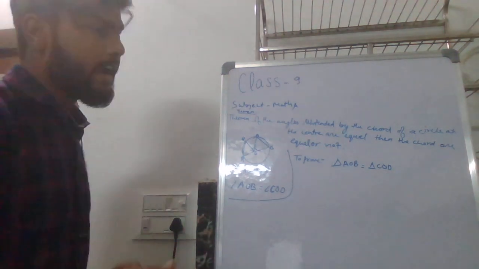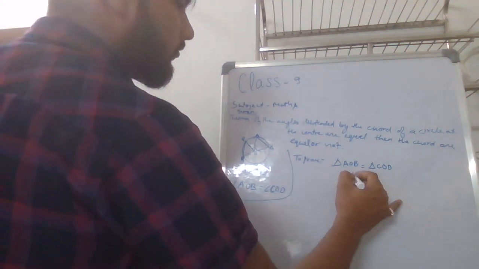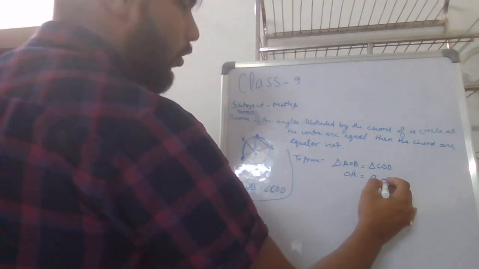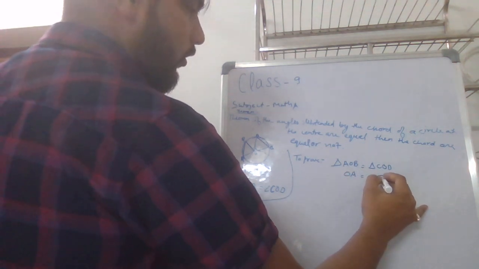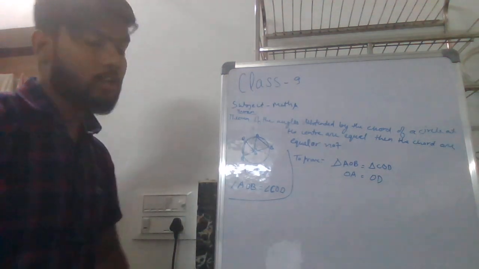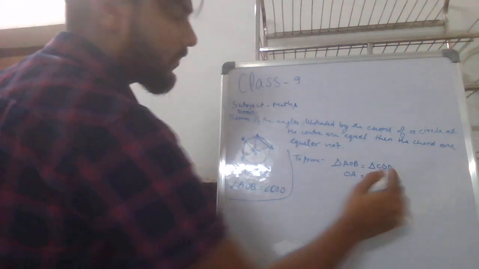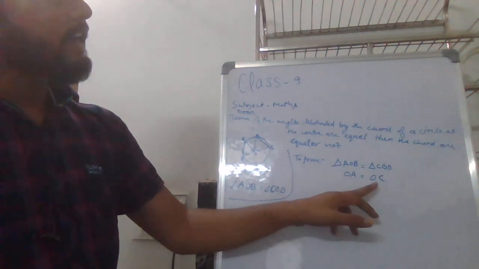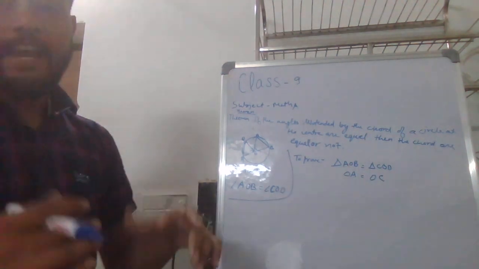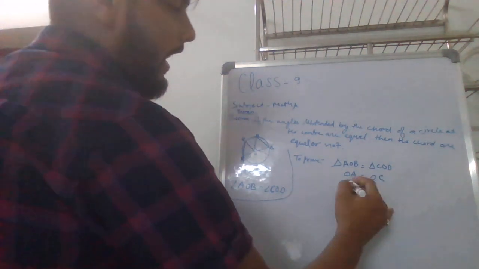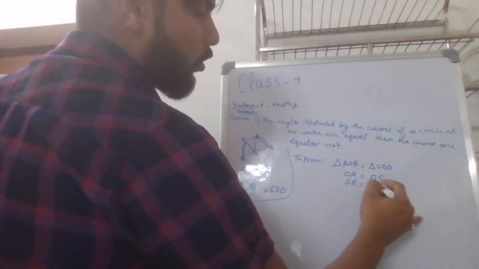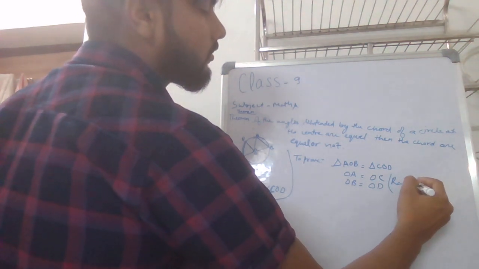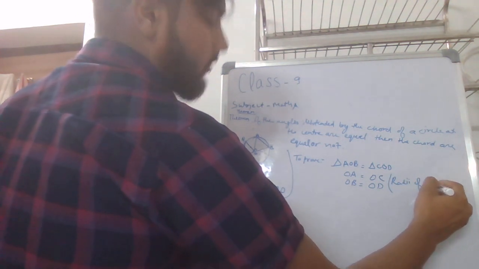After that, OA is equal to OC, sorry, OC. We can see that OA is equal to OC as radii of a circle. And OB is equal to OD, both radii of the circle.